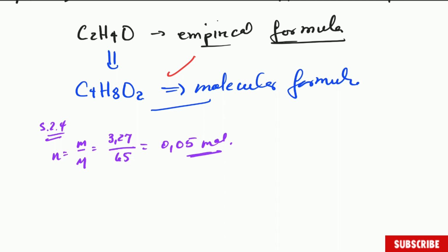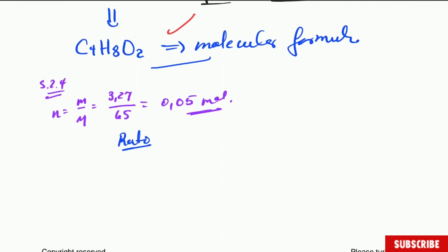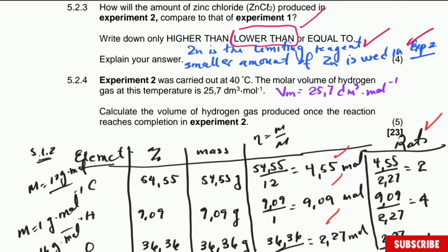Second, we are going to get the ratio between what they are asking and what we know. We know zinc, so it's going to be the ratio between zinc, and in the question they ask us for hydrogen gas.